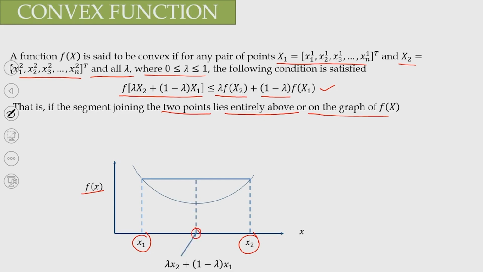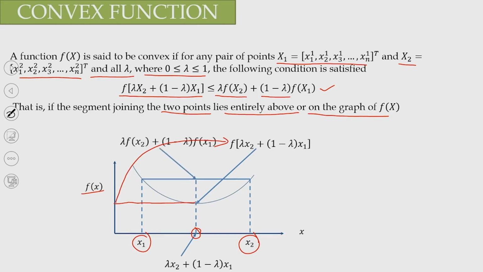This particular point is lambda x2 plus (1 minus lambda) x1. And this particular point is f of lambda x2 plus (1 minus lambda) x1. So this value is f of lambda x2 plus (1 minus lambda) x1.